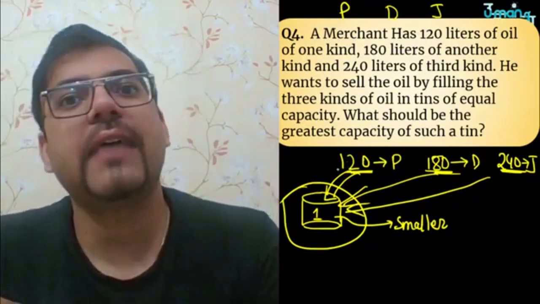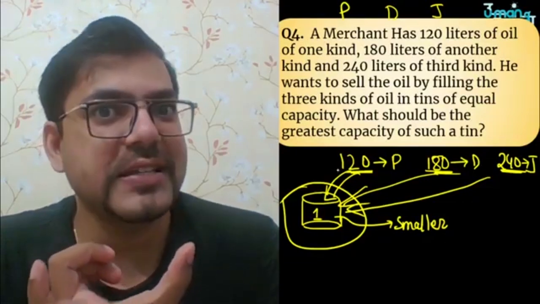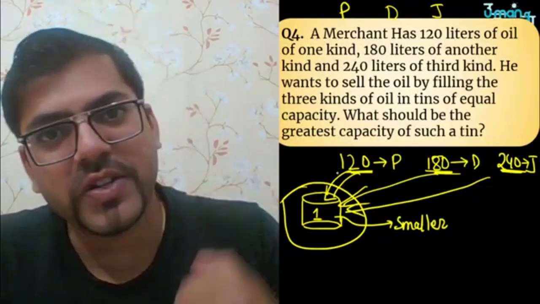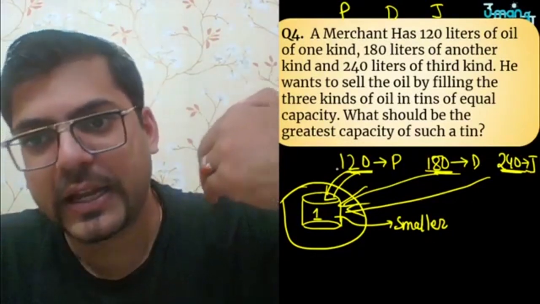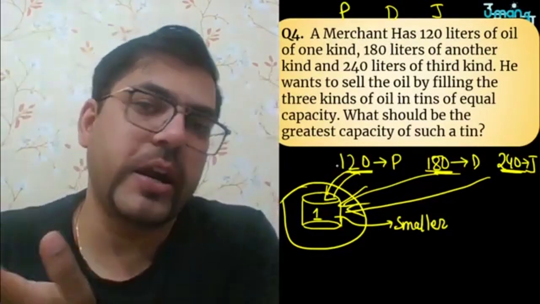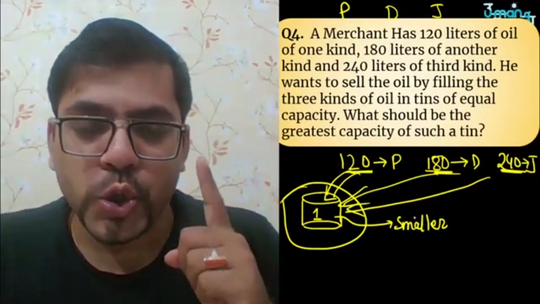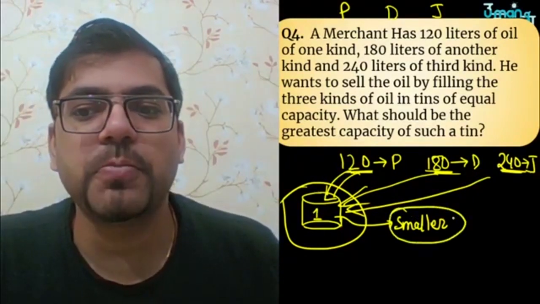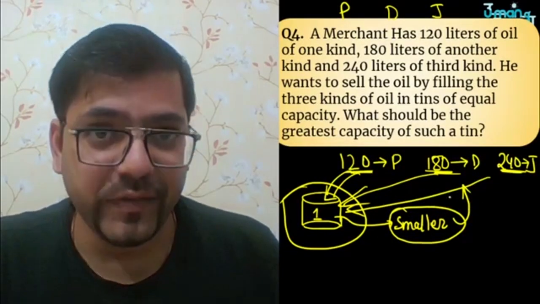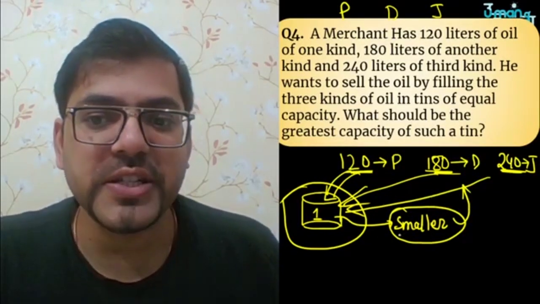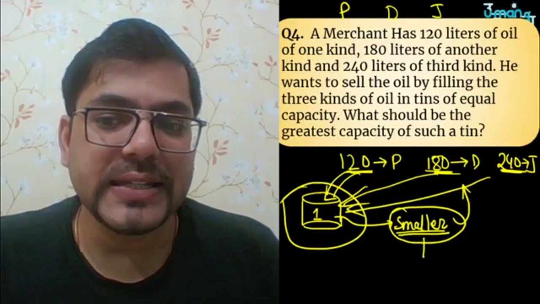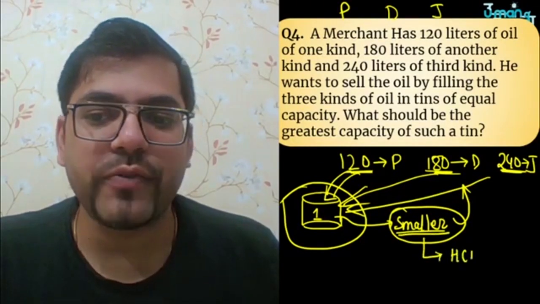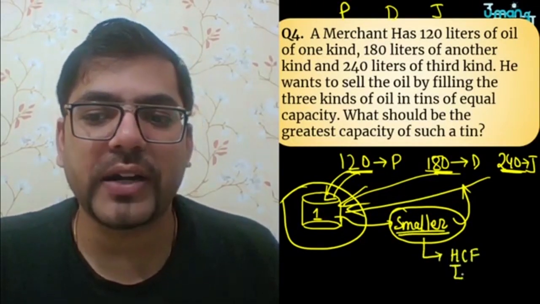They will surely have a smaller capacity container in which they can fill this 120 liters in 10 containers or 20 or 100 or whatever number. So if the question is asking you a value which is smaller than the given quantity, in such a situation you always have to find the highest common factor.